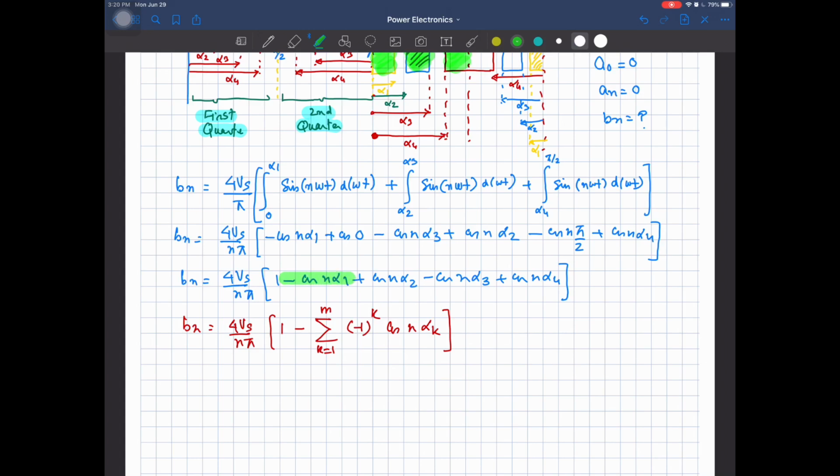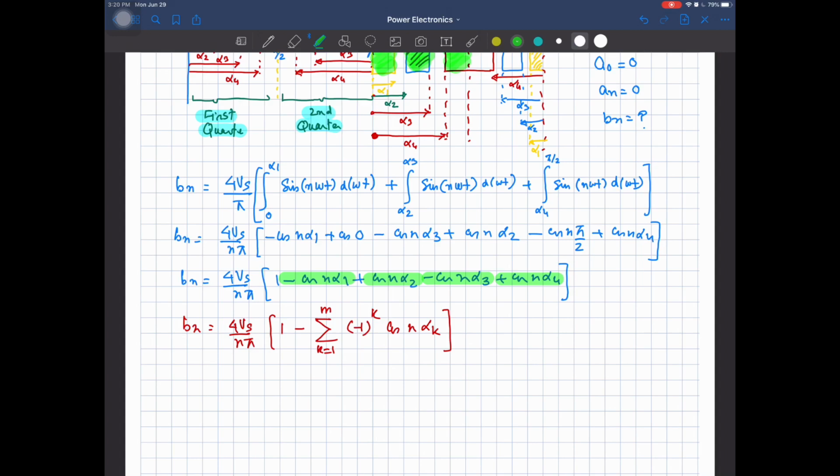When k is equal to 1, you get this term from here; when k is equal to 2, you get the positive cos of n alpha 2; when k is equal to 3, you get minus cos n alpha 3; and when k is equal to 4, you get plus cos n alpha 4, and so on for any number of edges per quarter cycle.